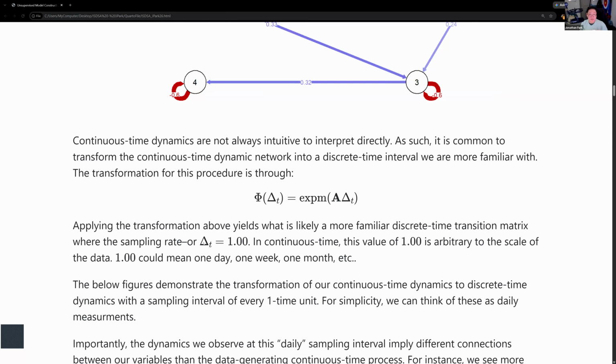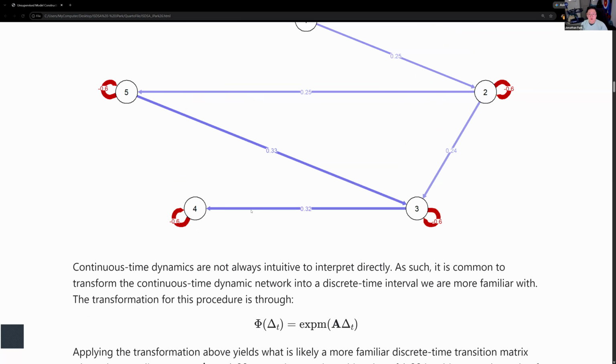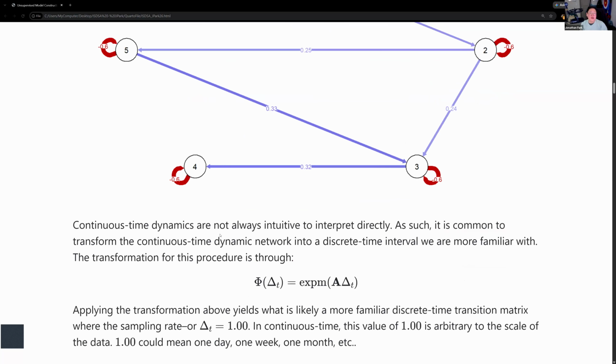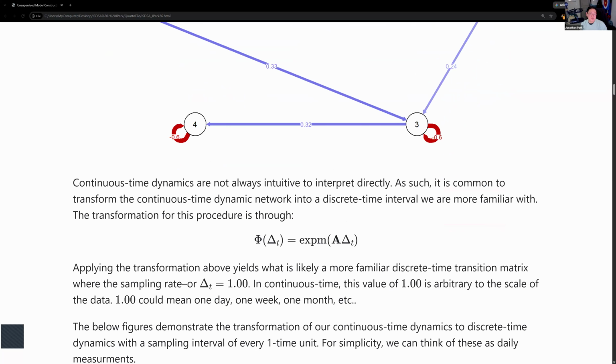We've talked about this briefly, both in Sy-Miin's talk as well as mine, but there are ways of transforming these continuous time networks to discrete time networks. That's because, at least for me, continuous time dynamics are not always intuitive to directly interpret. So it usually helps to transform these continuous time parameters into a discrete time form because it's just easier for me to understand.